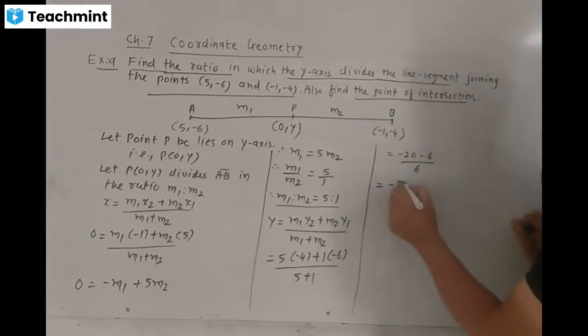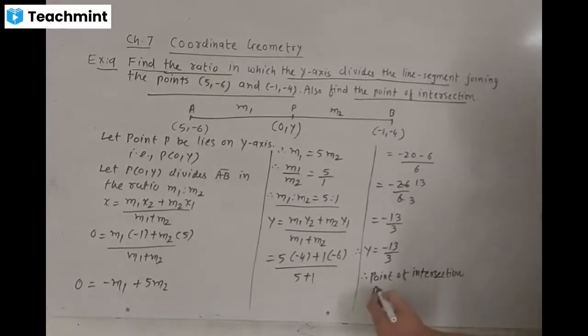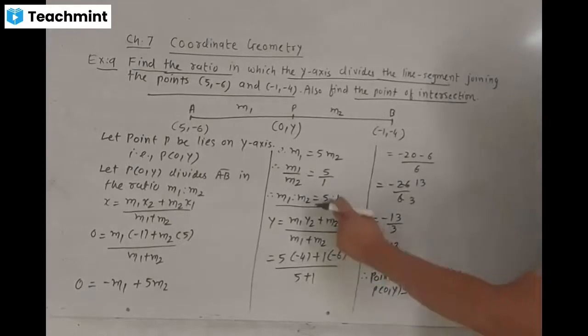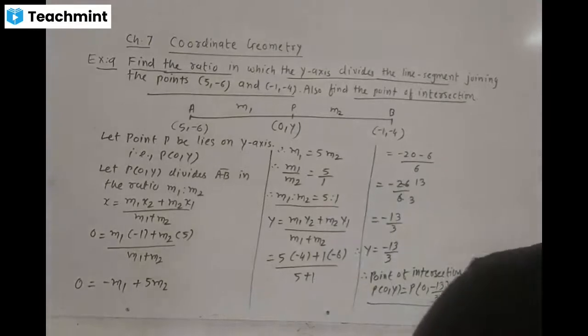Simplify: minus 20 minus 6 divided by 6 is minus 26 by 6, that is minus 13 by 3. Therefore y is equal to negative 13 by 3. The point of intersection P is (0, -13/3) and the ratio is 5 is to 1. That is the final answer.